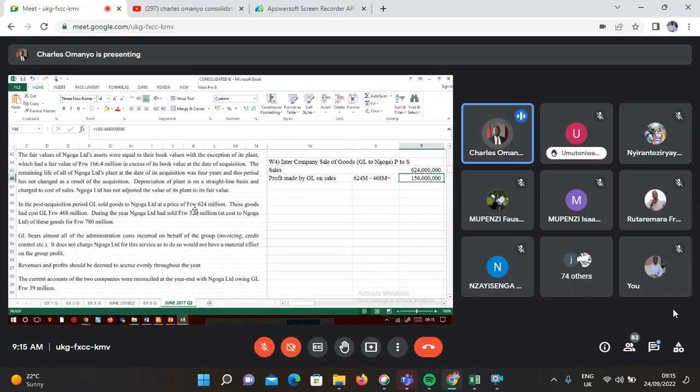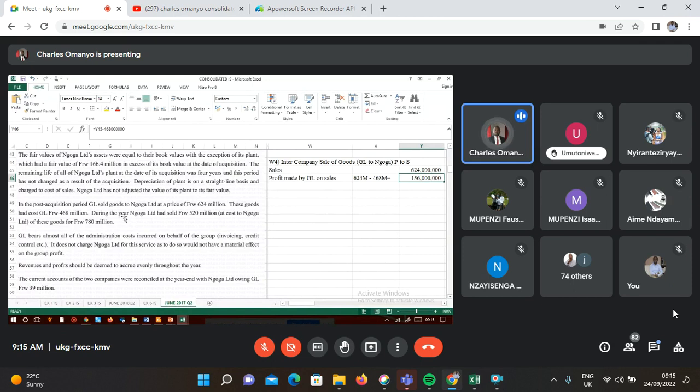What is the cost to Ngonga? It is 624. Because when Ngonga was receiving the goods, they received them at 624. So that is the cost to Ngonga. To GL, that is the sales. But to Ngonga, who is the receiver, the cost is 624.